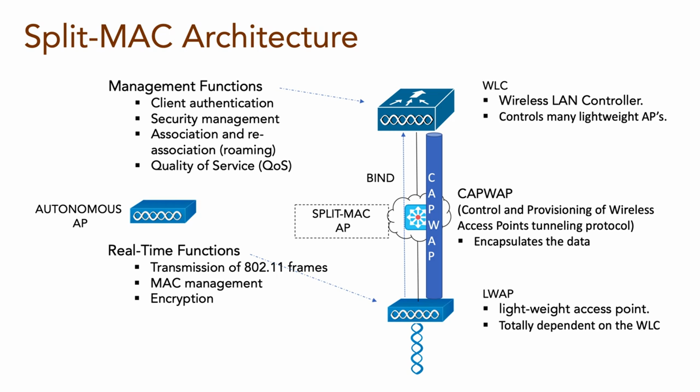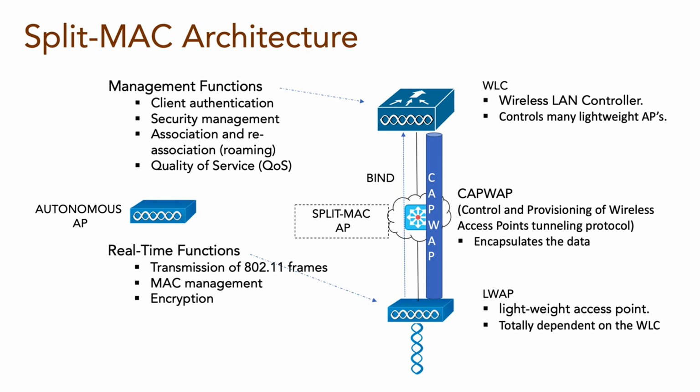The CAPWAP tunneling allows the AP and WLC to be separated geographically and logically. It also breaks the dependence on layer 2 connectivity between them. Here the AP and WLC can be located on the same VLAN or IP subnet, or they can be located on two entirely different IP subnets in two entirely different locations.